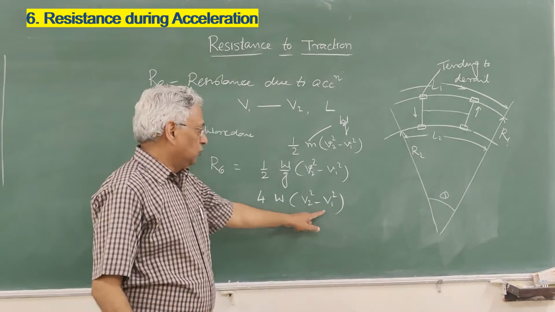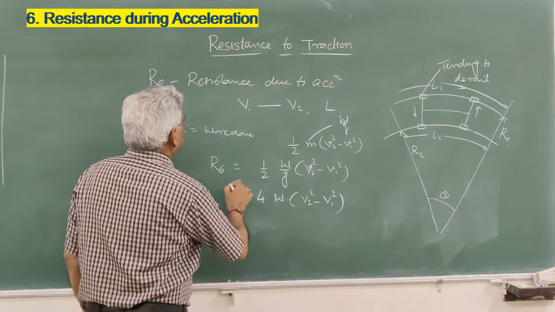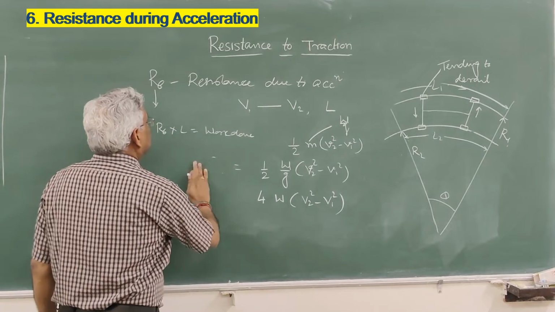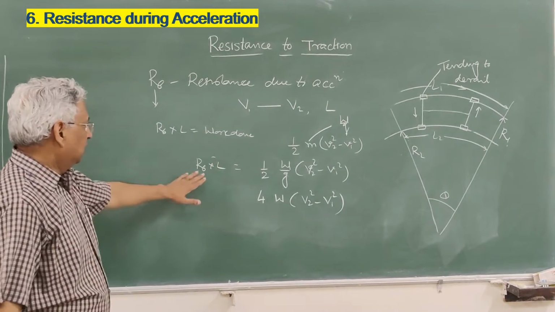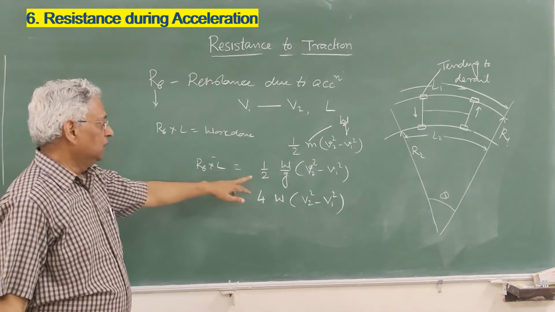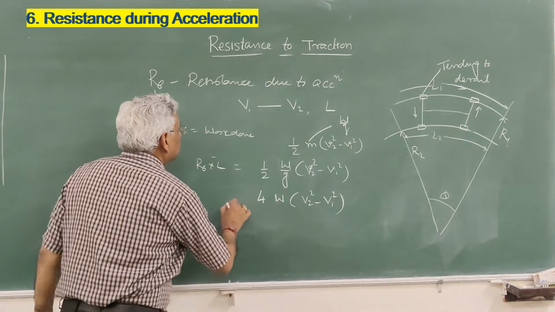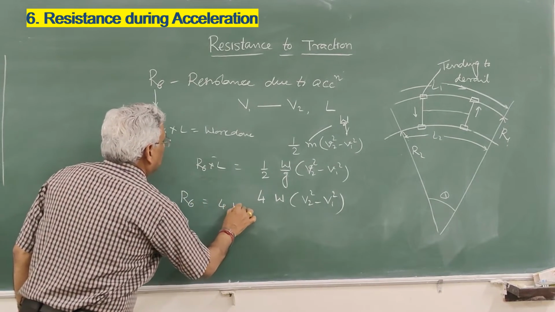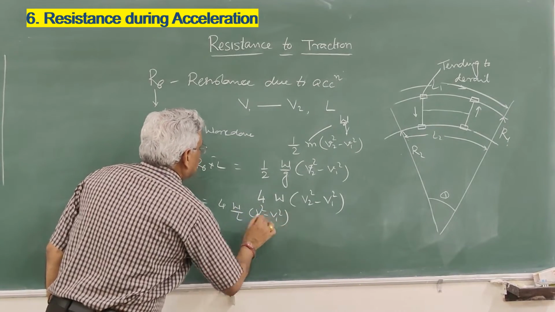Now V1 and V2, they are now in kilometer per hour. So R6 into L, the work done, is equal to the change in kinetic energy, and therefore R6 will be equal to 4W upon L into V2 square minus V1 square.